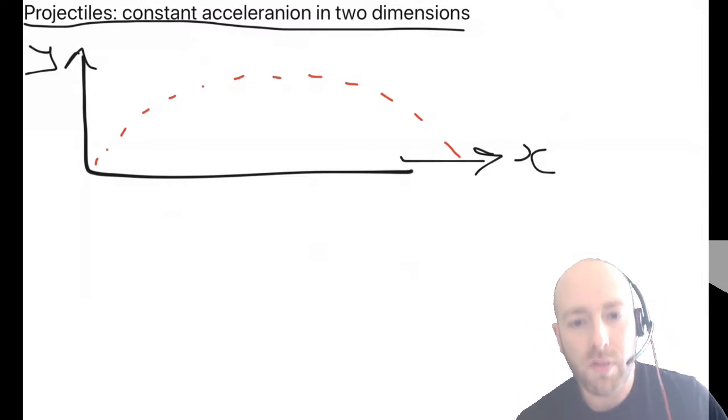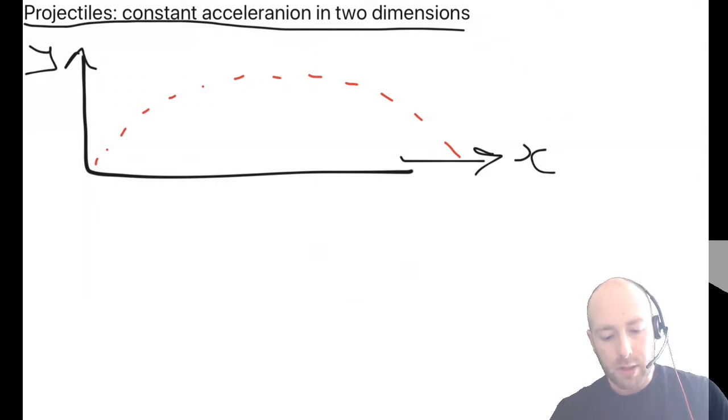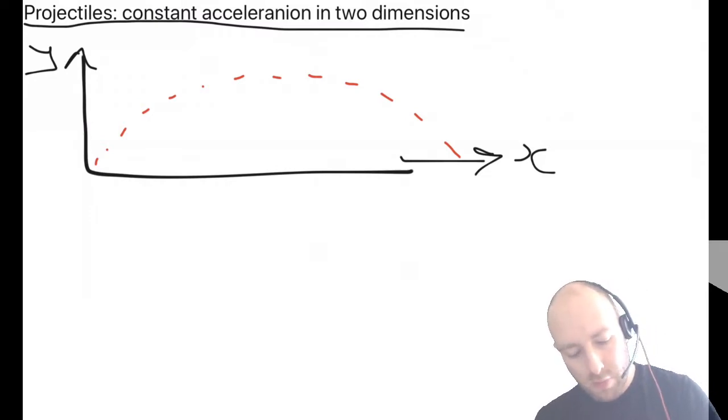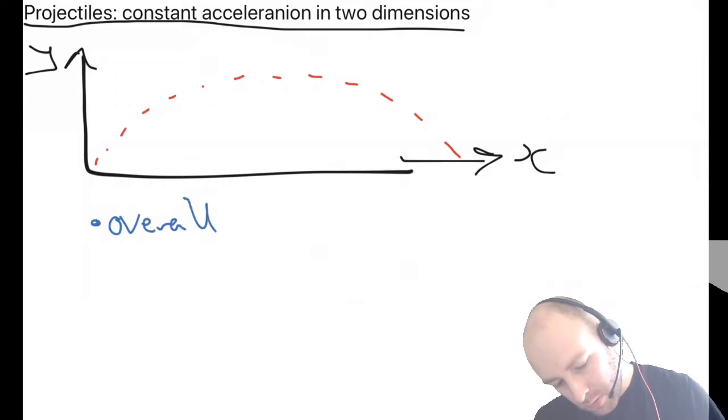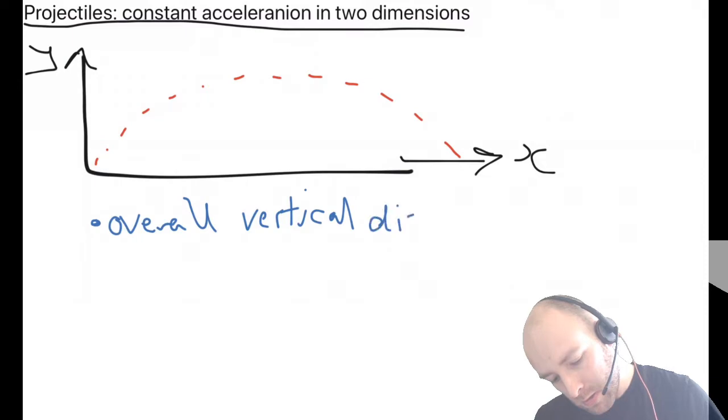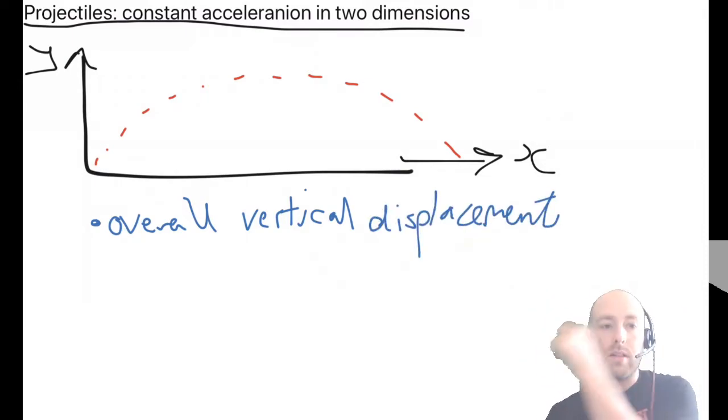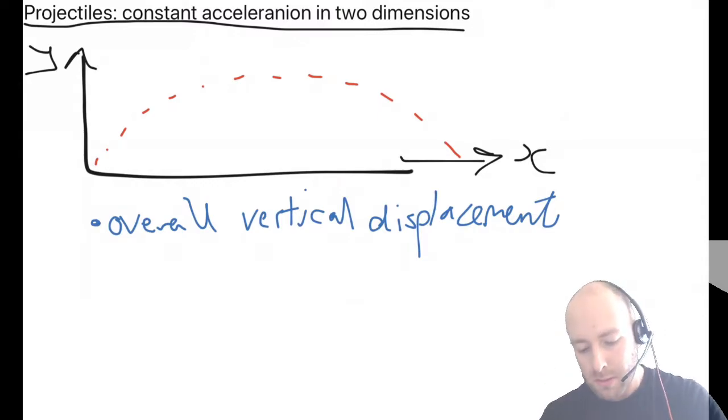There are a few key things we know about its trajectory. Its overall vertical displacement, in this case, because it's starting on the ground and ending on the ground, is 0.